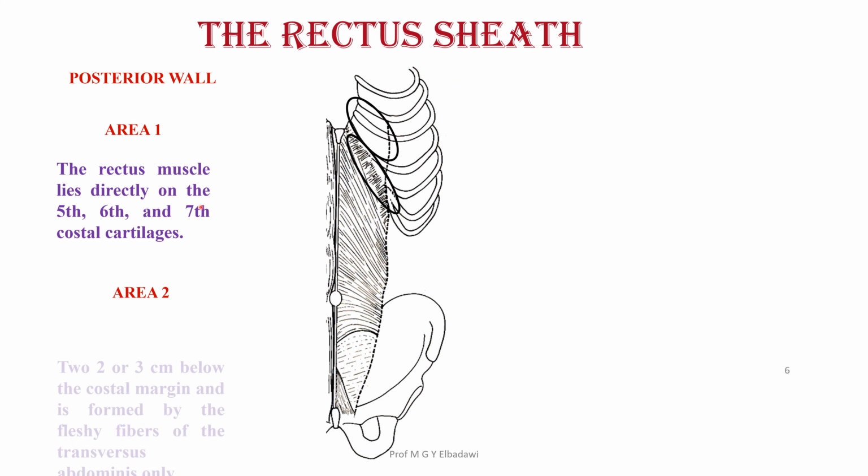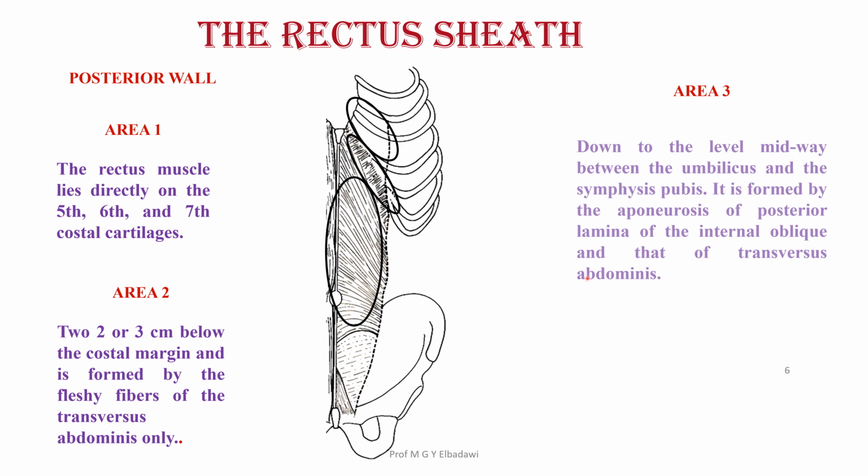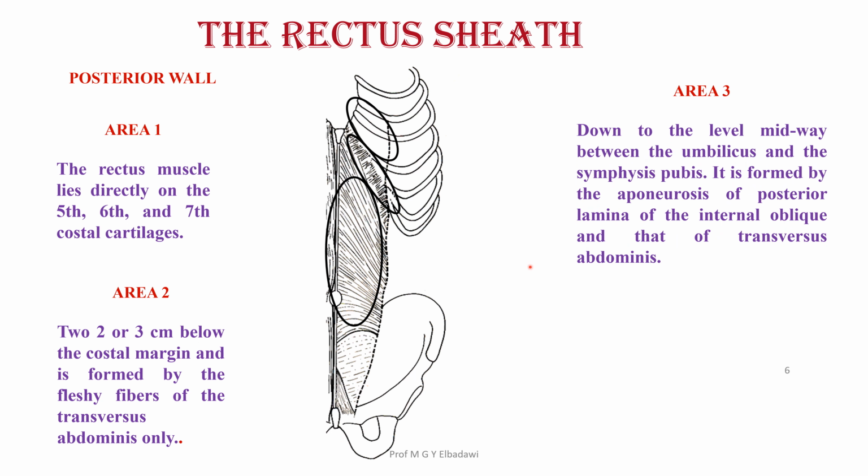Area 2 is a small area of almost 2 to 3 centimeters formed by the fleshy fibers of the transversus abdominis. Area 3, the largest one, ends down midway between the umbilicus and the symphysis pubis, and is formed by the posterior lamina of the internal oblique and the aponeurosis of the transversus abdominis.